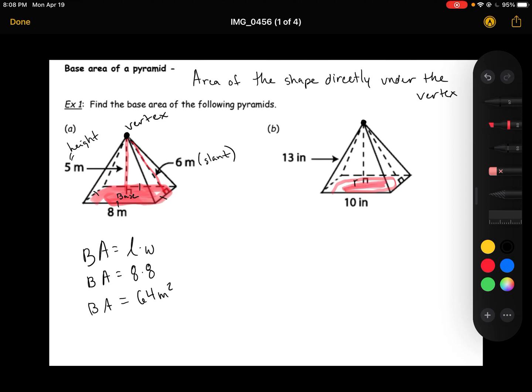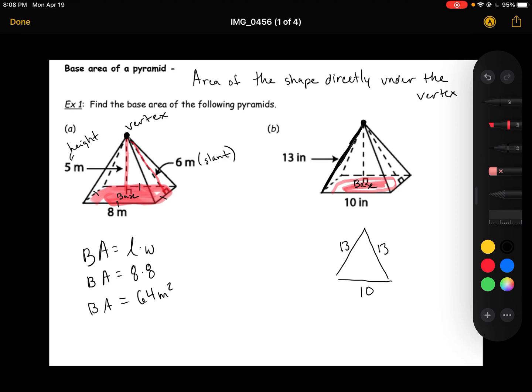See a very similar calculation for the next one, but let's go through the exercise of labeling some of our parts here. So again, this area on the bottom is our base. And this is where it gets a little bit tricky. So right here, we're given this line.